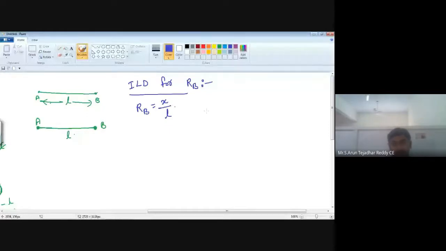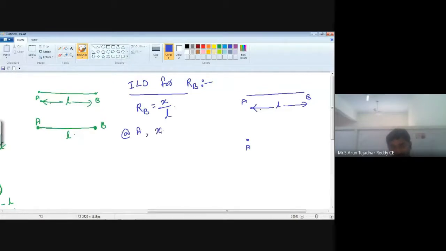So same concept. Generally this is your diagram A and B, and the whole span is L. First of all, the initial point is A. At point A, what is the distance here?